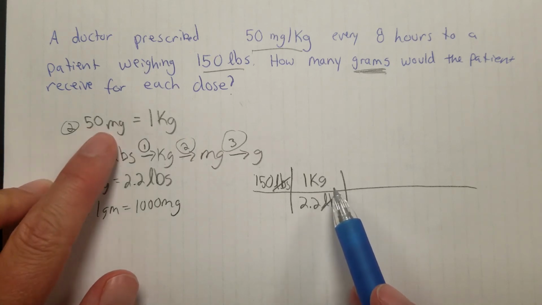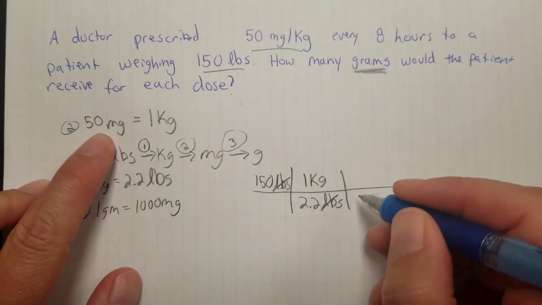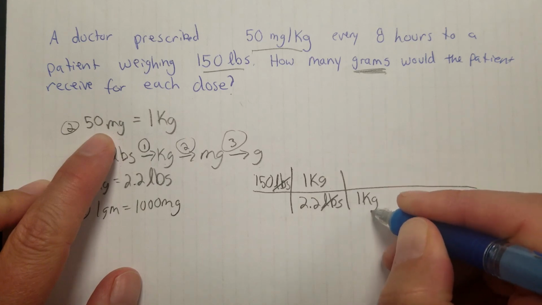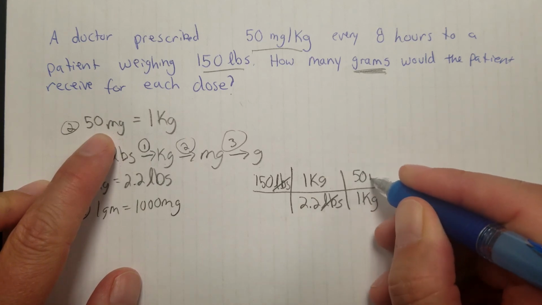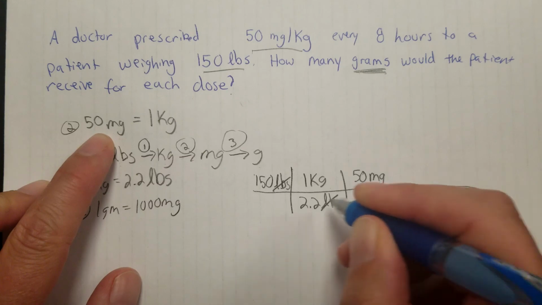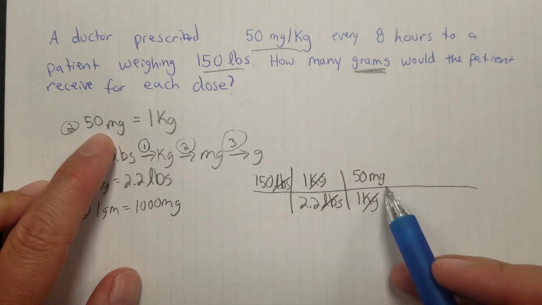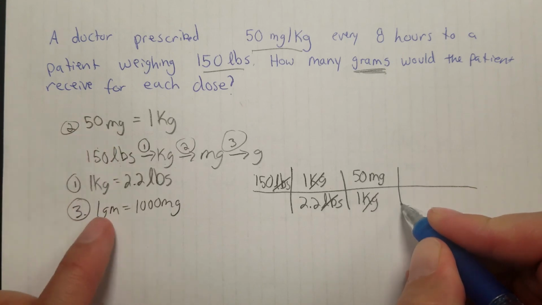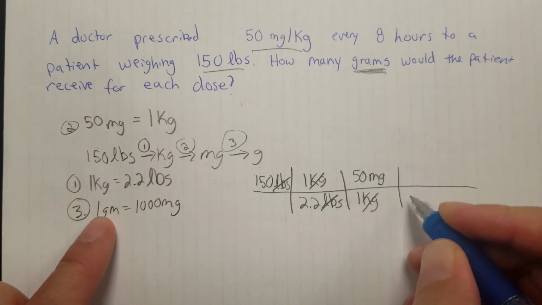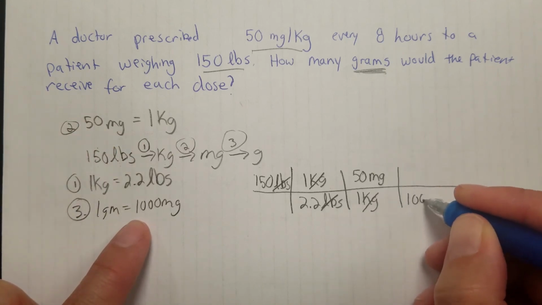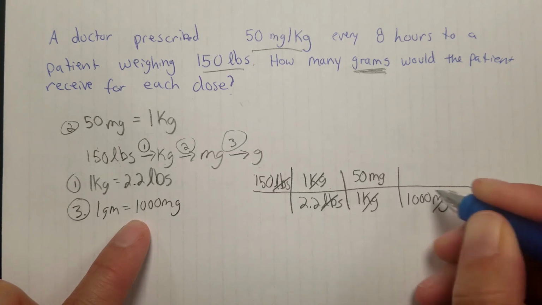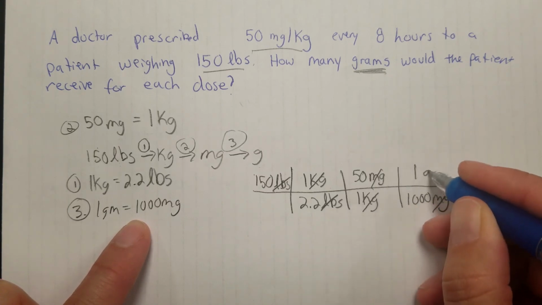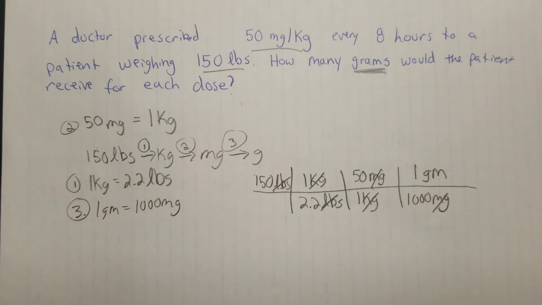So then I can use the second conversion factor, putting the kilograms on the bottom. This is going to get rid of the kilograms. So now I'll know how many milligrams to give the patient. But I'm going to continue. I'm going to keep going because I want to know how many grams. So putting 1,000 mgs on the bottom so that the milligrams cancel, and then 1 GM on the top.